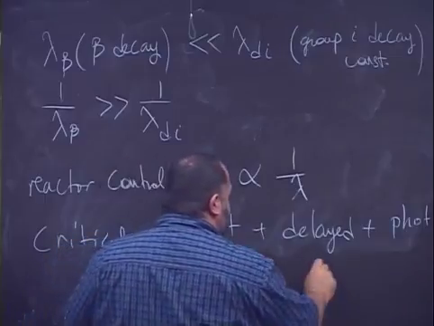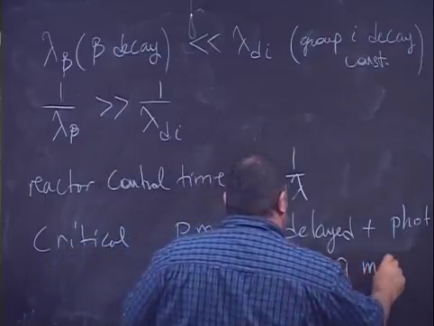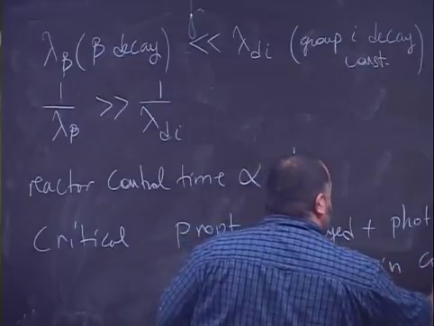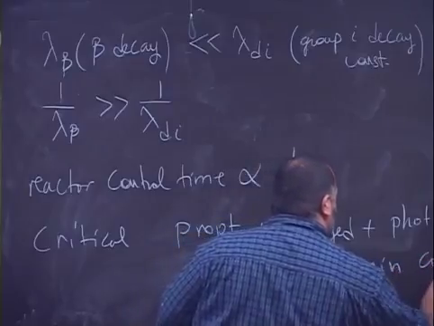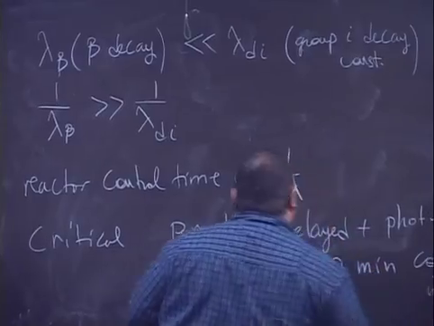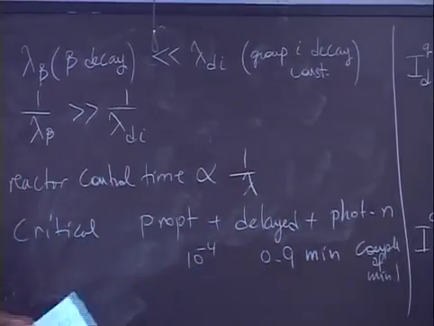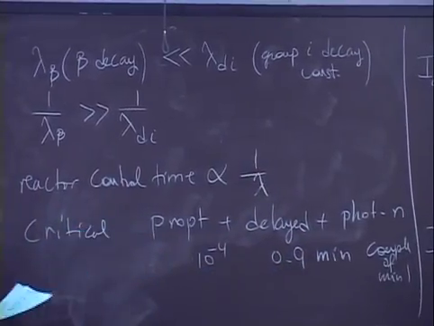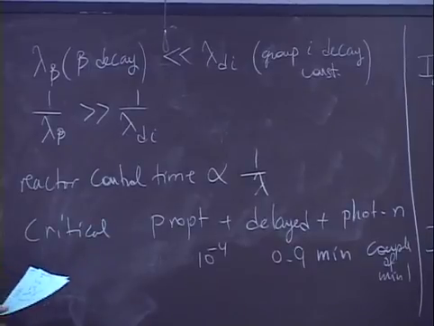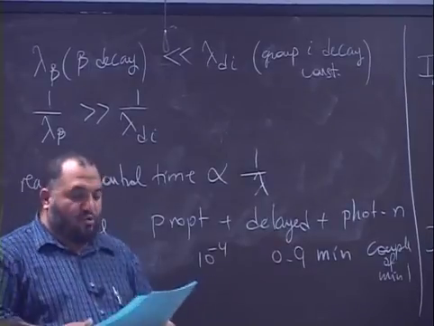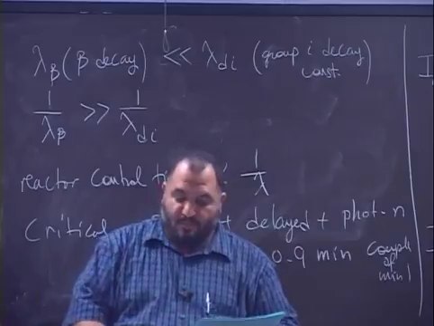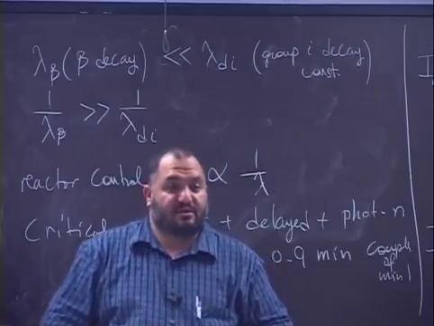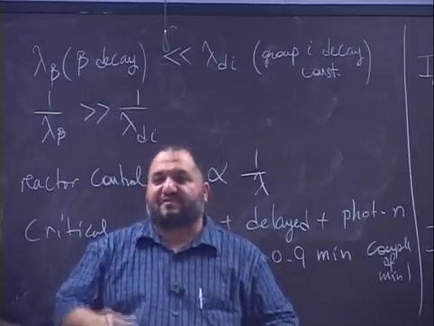Minus 4. This is almost 0.9 minutes, and this is a couple of minutes. So if you are critical on the 3 types of neutrons, the reactor will be more controllable. Okay, guys? More controllable. So it's a favorable situation.